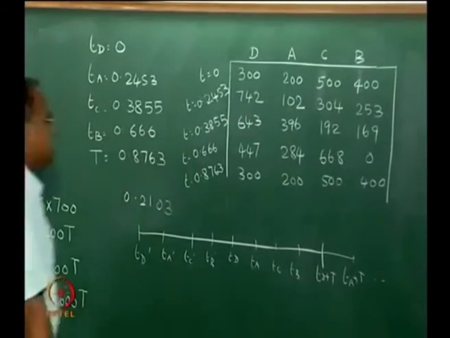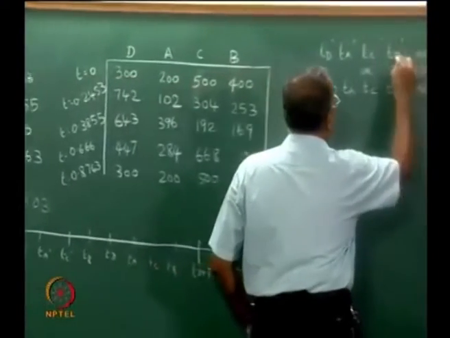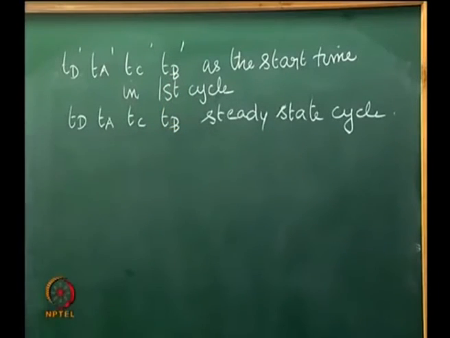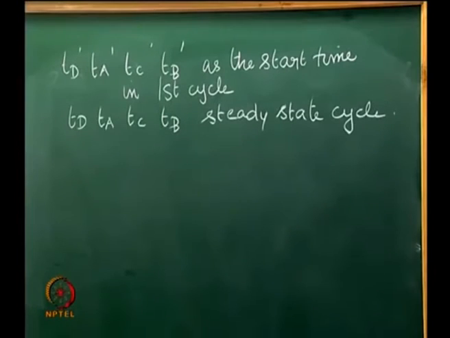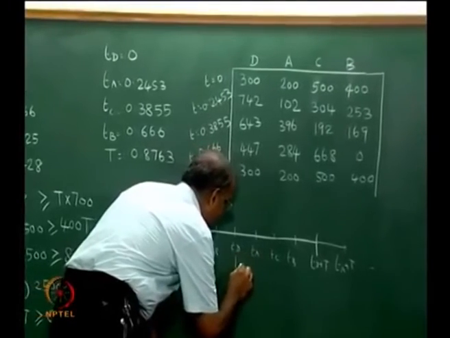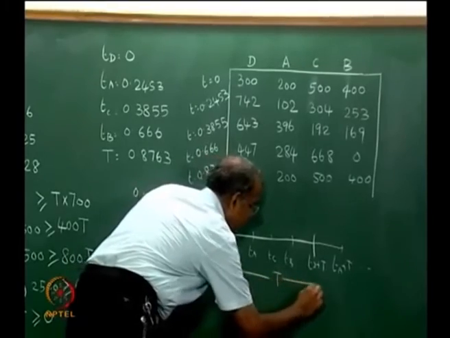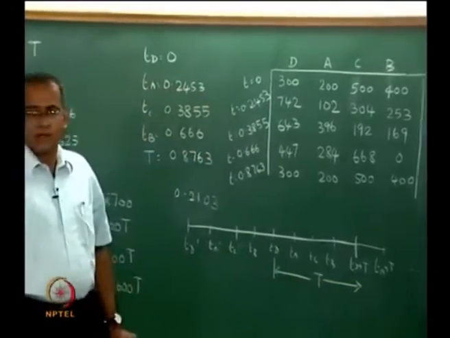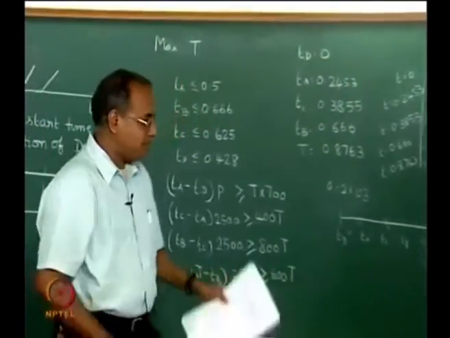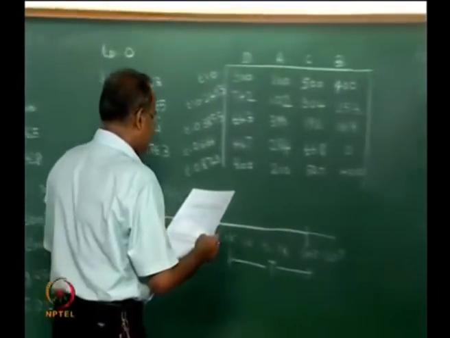So your actual cycle starts from TD to TD plus T, as well as TA, TA plus T and so on. So let me just write these constraints.